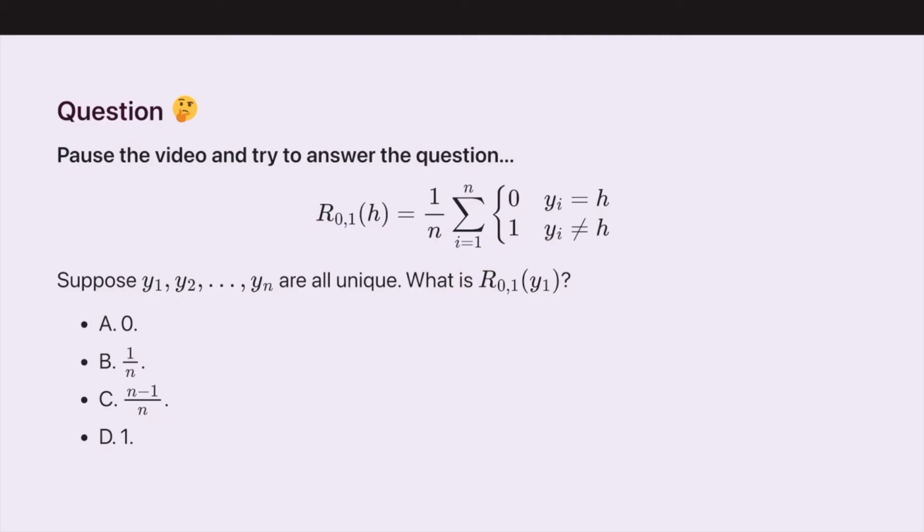Okay, so let's go ahead and try and answer this. And this is not very difficult or tricky, but the whole point lies in the fact that all the data points are unique.